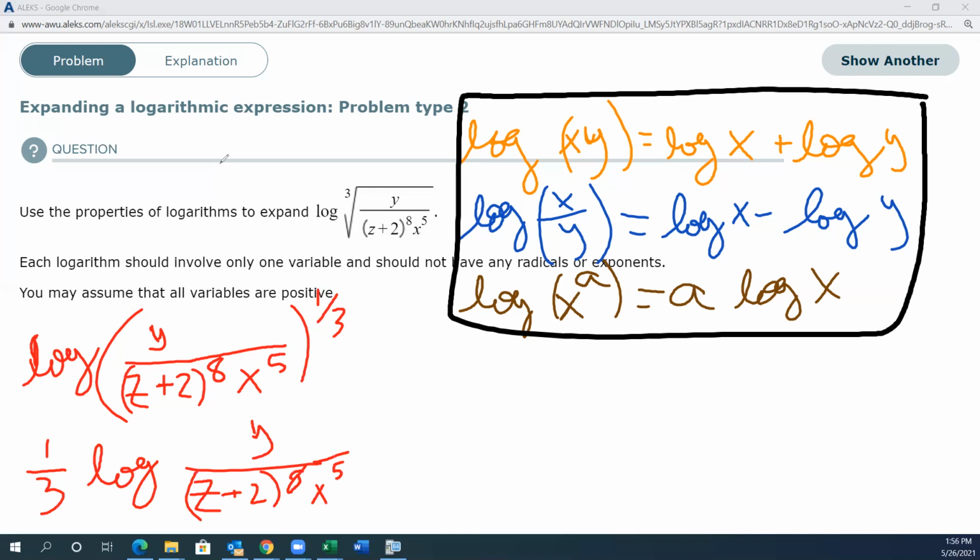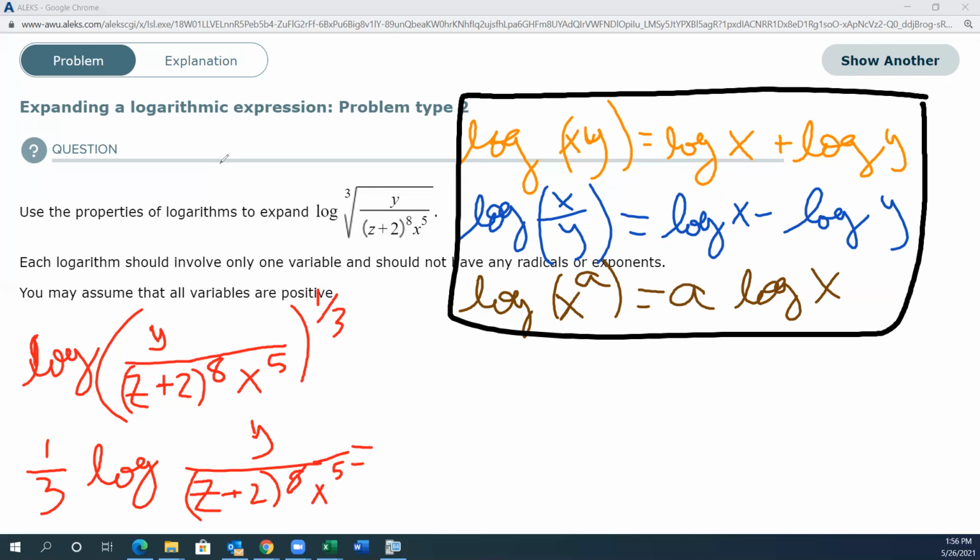Now, is everything being raised to the 8th or the 5th power? No. I see a multiplication right in between those two little piggies, but it's not one big multiplication expression in there, but it is one big division. So I'll do the division rule, this guy here.